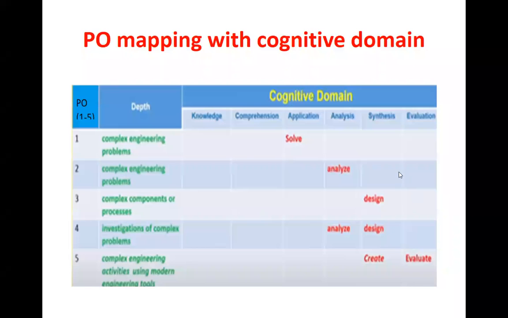Complex components or processes, it comes under design or synthesis. Then investigations of complex problems, it comes under analyze as well as design. And complex engineering activities using modern engineering tools, it comes under synthesis as well as evaluation. So you can map the 5 program outcomes with the cognitive domain.